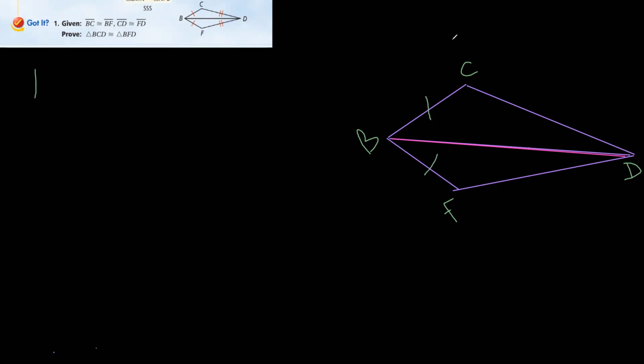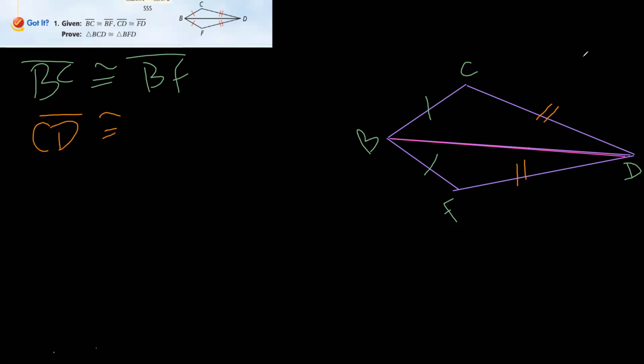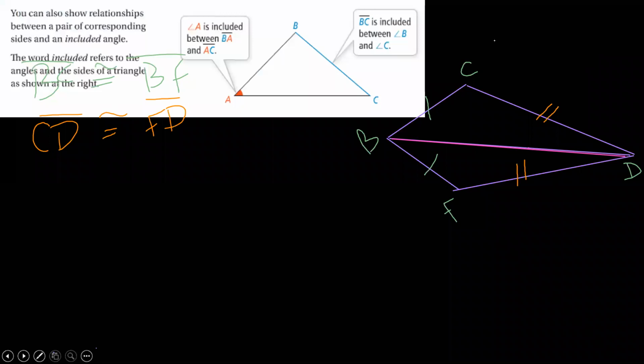So the line segment BC is congruent to BF, and CD is congruent to FD. These are given. I want to prove that the triangle BCD is congruent to BFD.